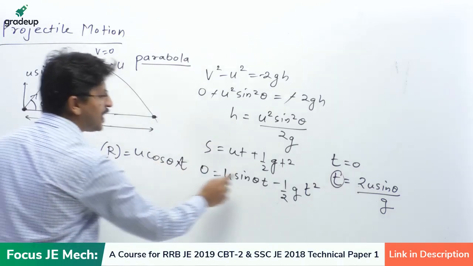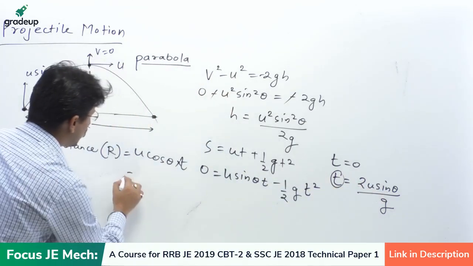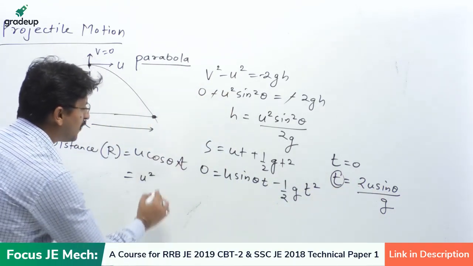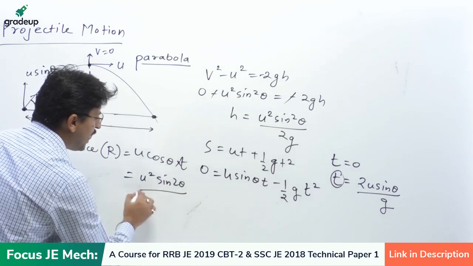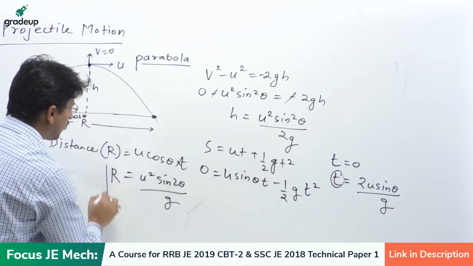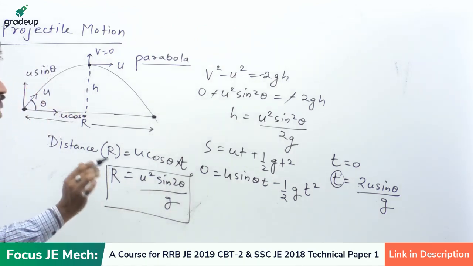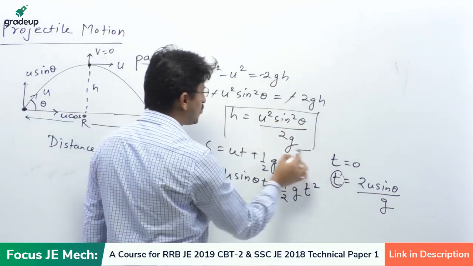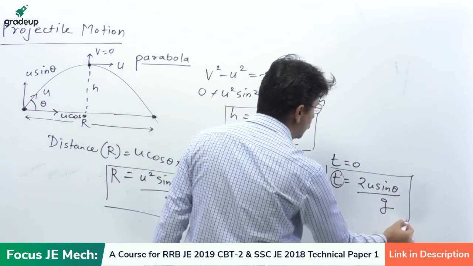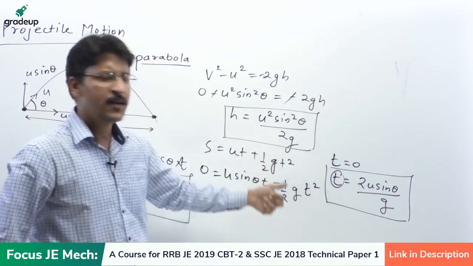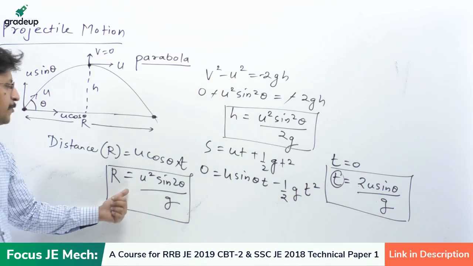So this is u cos theta, this is 2u sine theta over g, so it will become u square 2 sine theta cos theta, which is equal to u square sine 2 theta divided by g. So this is basically your range. So the basic 3 formulas which are required for projectile motion are: this is the maximum height, this is your time of flight, and this is your range.